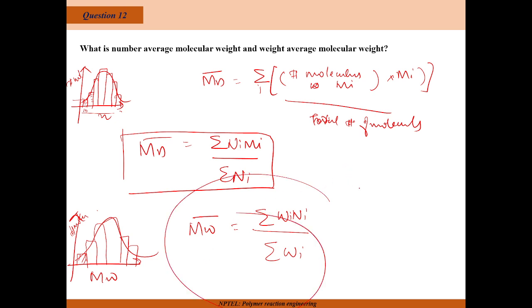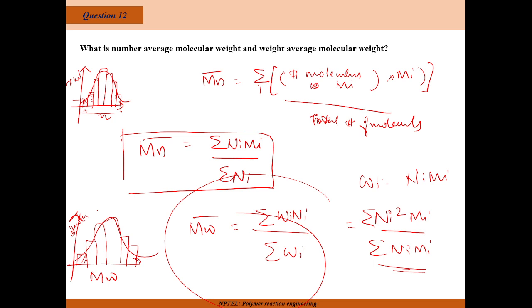And I can write Wi as Ni Mi, because there are Ni molecules with Mi molecular weight. So it can be further reduced to summation Ni Mi square by summation Ni Mi.